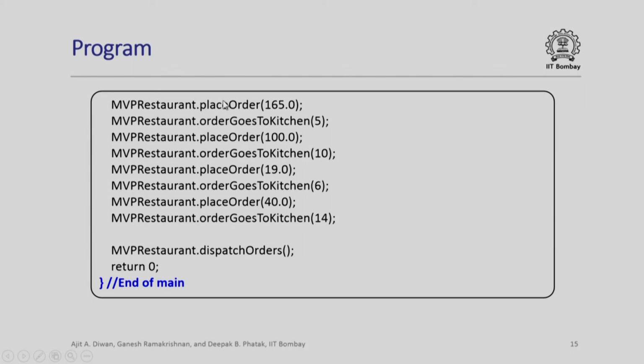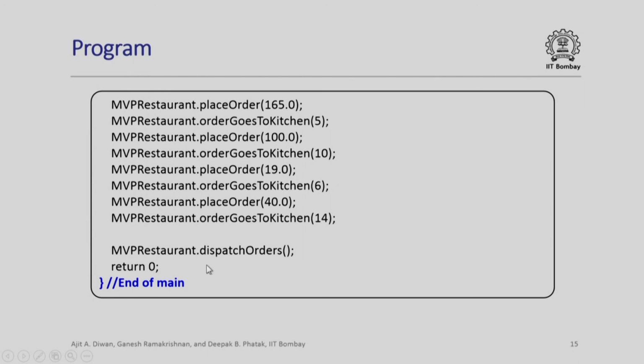So, the first person places the order, pays 165 rupees, and once that is done, that order goes to the kitchen. The second person does the same thing, third person does the same thing, fourth person does the same thing. So, at the end, all these 4 customers have placed their order, and their order along with the wait time, which again we have arbitrarily defined, 5, 10, 6, 14, etc., goes to the kitchen.